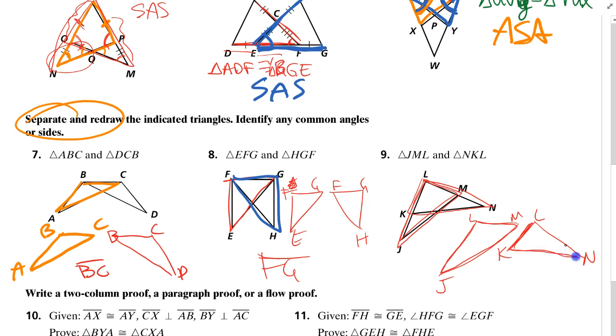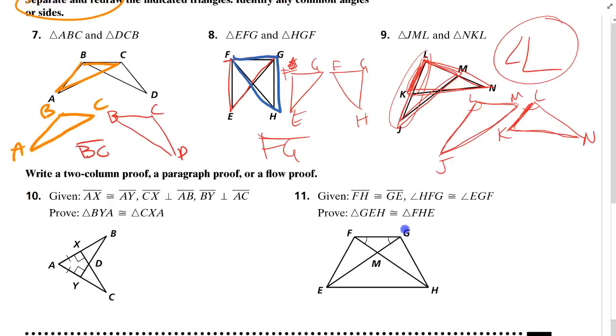The other triangle is right over here with its vertices. And so do I have any actual true common sides on this? No, they're not completely common. I need this part of this bigger side, so that's not common. What is common is angle L. So that's what we're looking for in number 9.